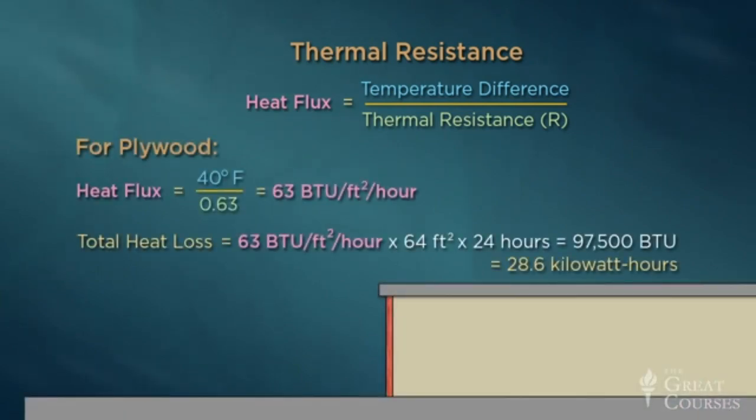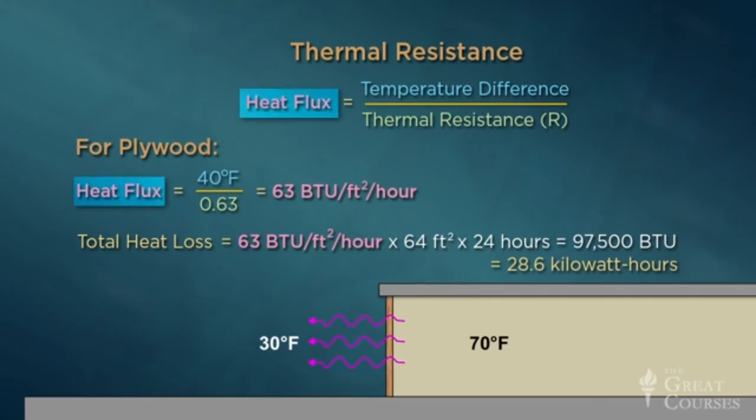Suppose we're using a piece of 1/2 inch thick plywood as a partition between an interior room at 70 degrees Fahrenheit and the outside air at 30 degrees Fahrenheit. And we know that by definition, heat will flow spontaneously from the warm region through the plywood to the cold region. The rate of heat transfer is called the heat flux.